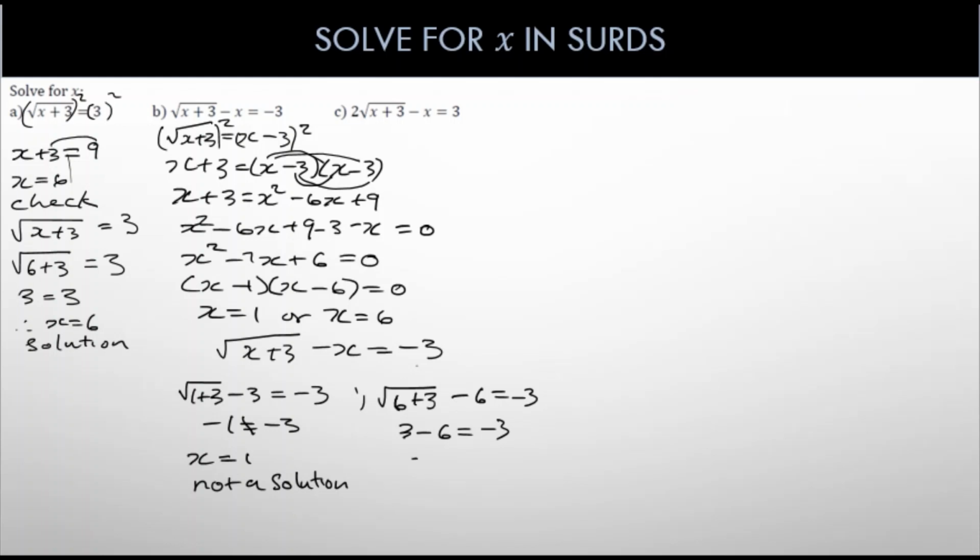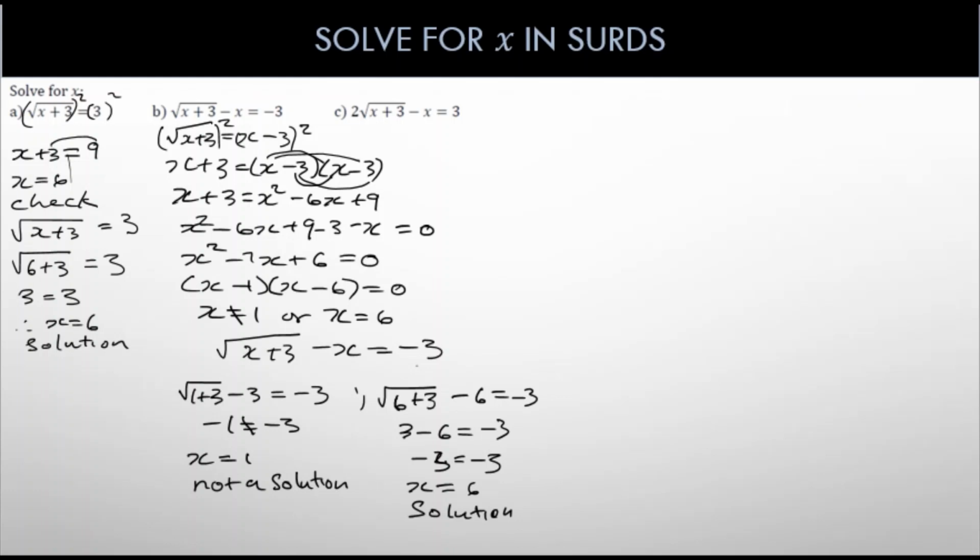So 3 minus 6 is negative 3, which is negative 3. And now x is equal to 6 is a solution. So meaning that now you have to scratch off the 1, and your answer is going to be 6.